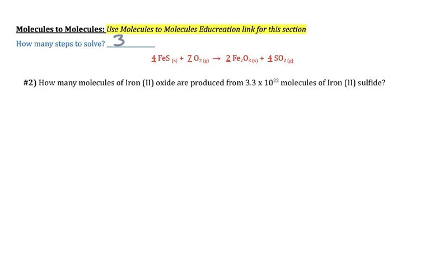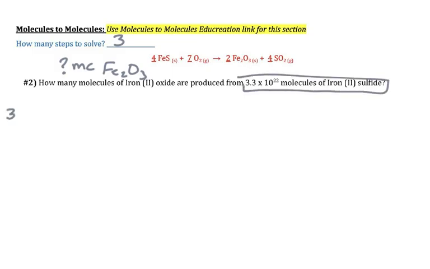So how many molecules of iron oxide, which is Fe2O3, are produced from 3.3 times 10 to the 22nd molecules of iron sulfide. So this is our starting value. So I will have my 3.3 times 10 to the 22 molecules of iron sulfide. That's my FeS.